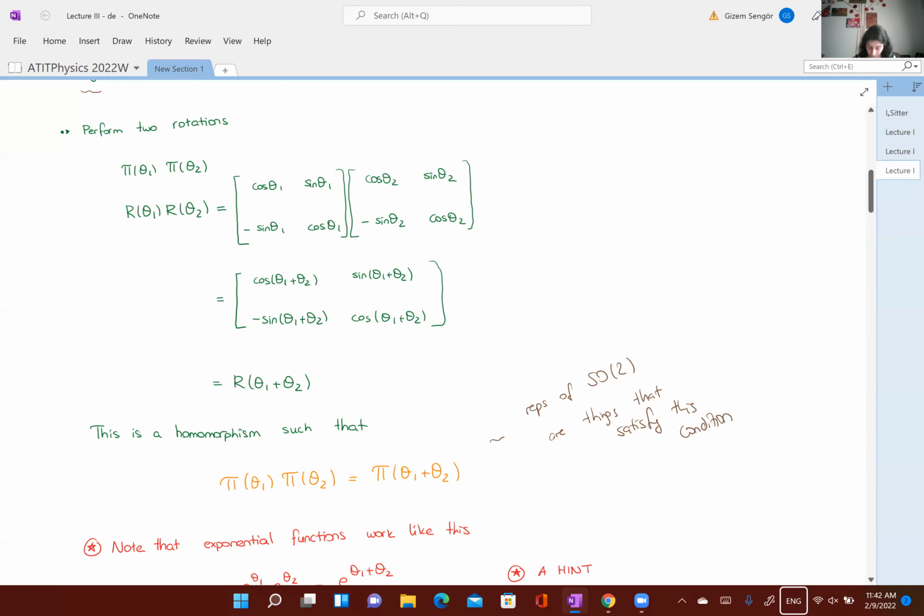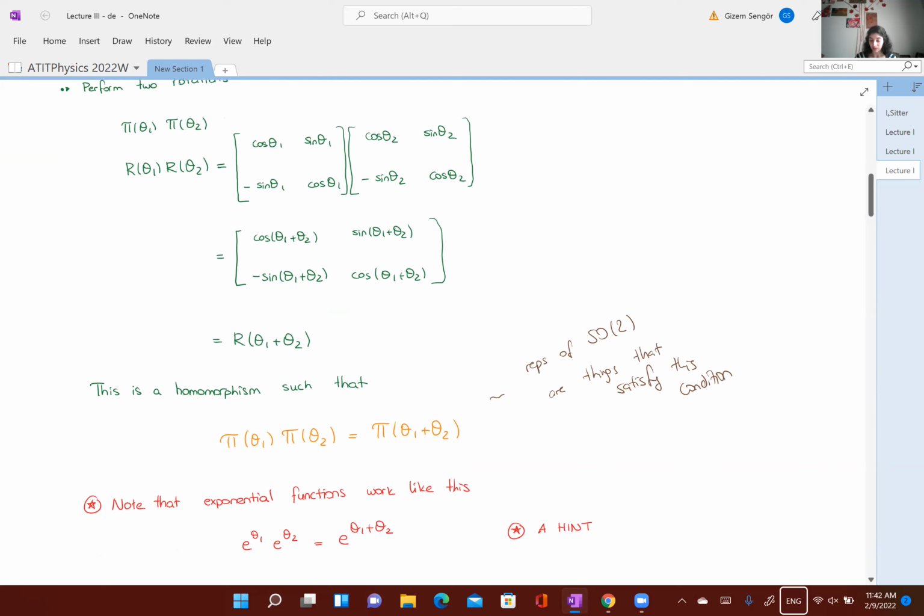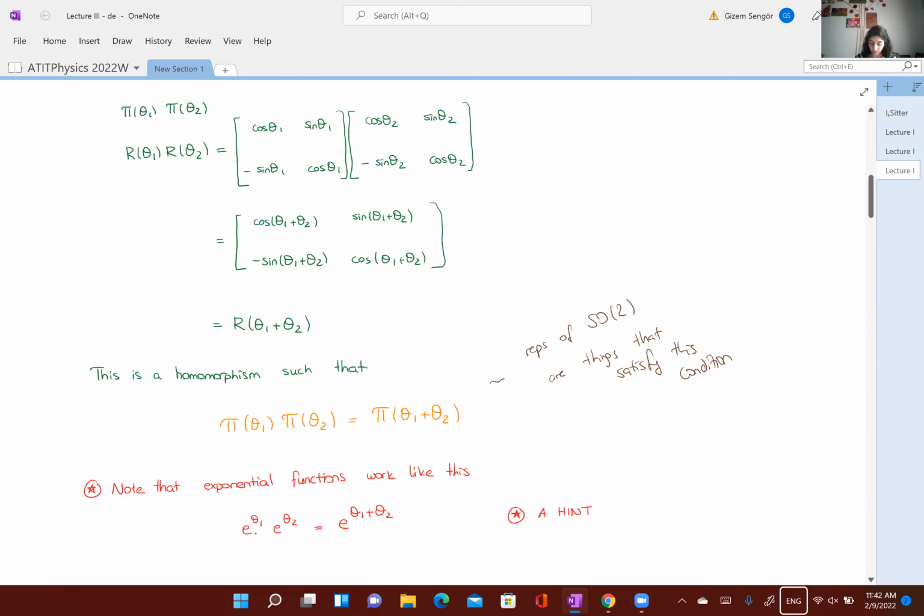Now note that exponential functions automatically work like this. If you multiply 2 exponentials, you end up with an exponential where the arguments of the individual exponentials are added. So this automatically satisfies our condition, the structure for the rotations. Now take this as a hint.